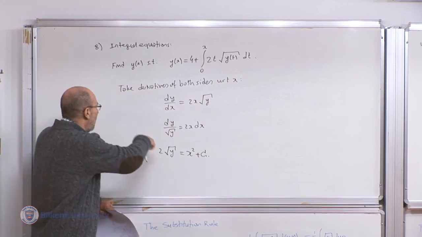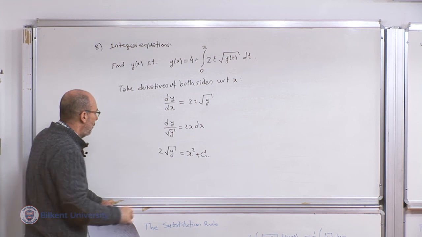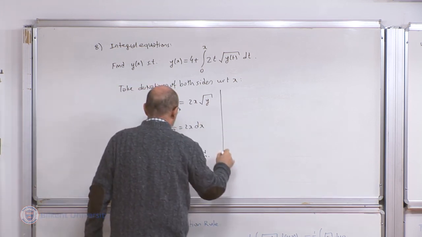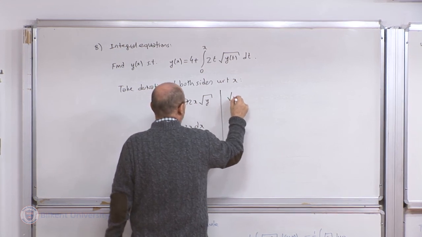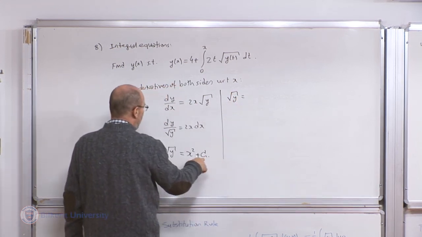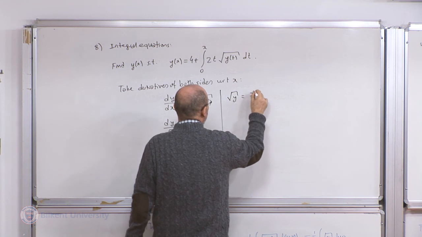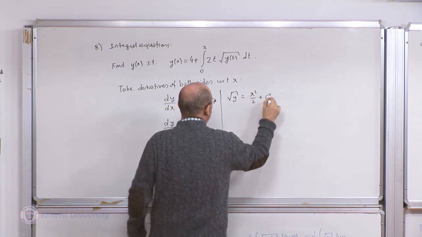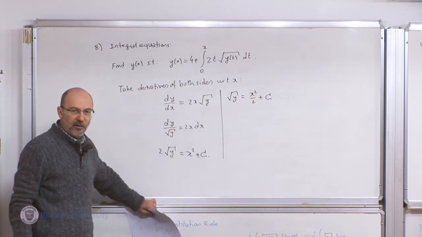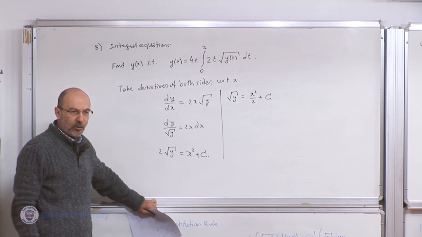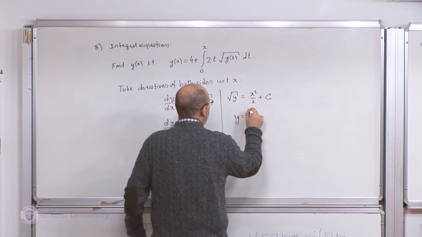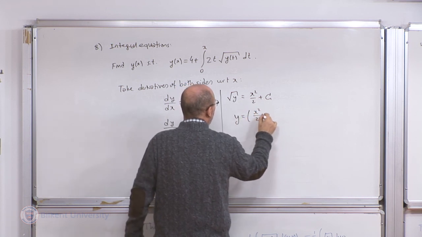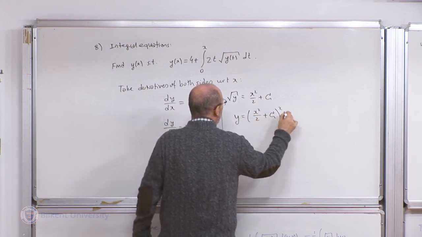Since this is easy, I can solve for y. Let me emphasize that c is an arbitrary constant. This is x squared over 2 plus c. There is no point dividing an arbitrary constant by 2. You don't get anything new. I can take the square of both sides. Now this is x squared over 2 plus c squared.